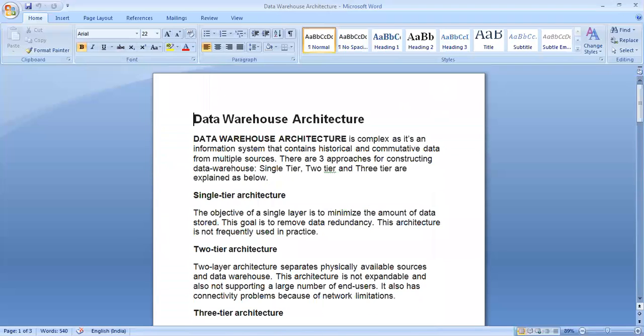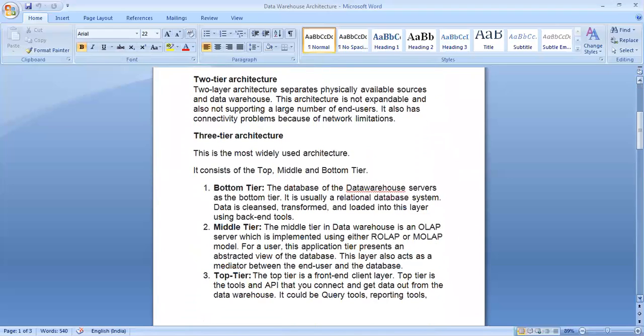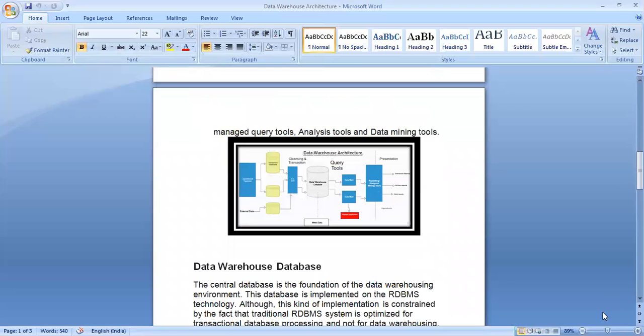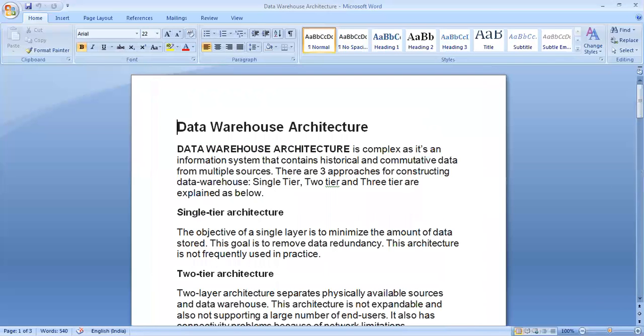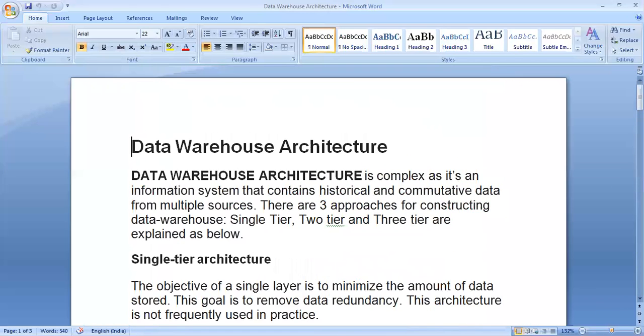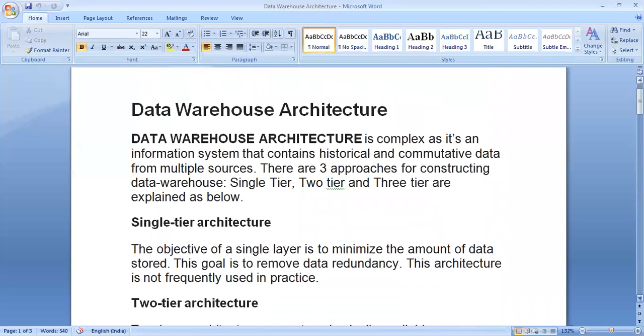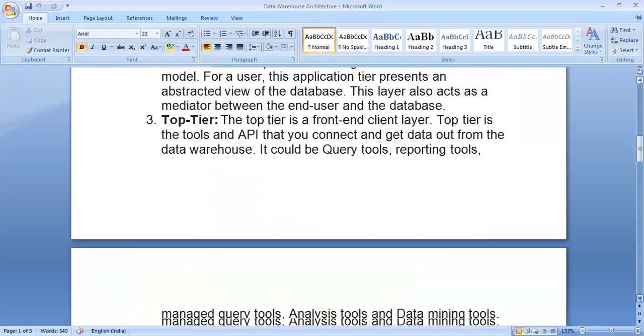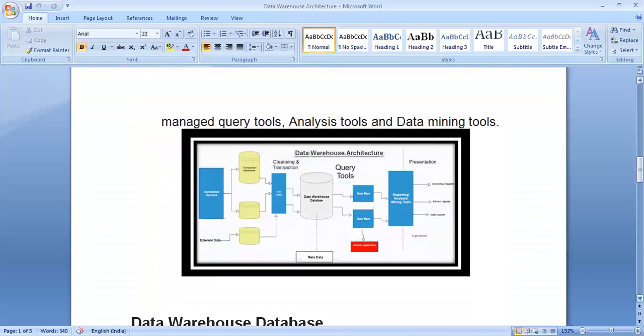The three-tier data warehouse architecture is shown in this diagram. Here I'm increasing the size of the diagram. After zooming, this is the architecture of the three-tier data warehouse.